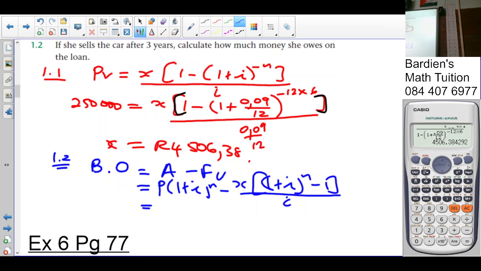So your present value, the loan amount, is 250,000 rand into 1 plus 0.09 over 12 to the exponent 12 times. What is your n value? 3, since it's 3 years, minus x.